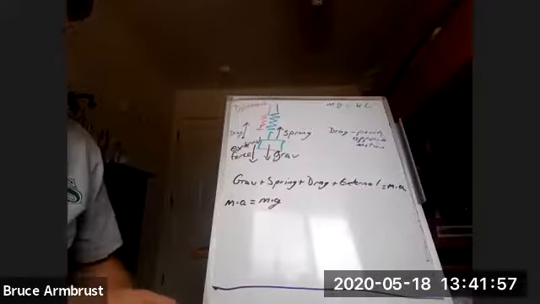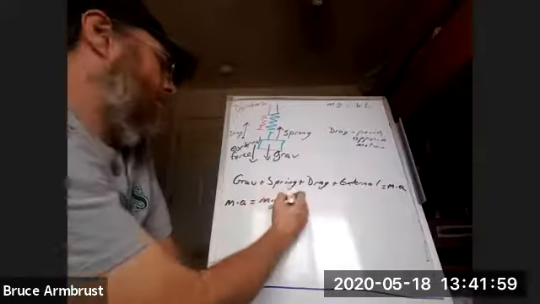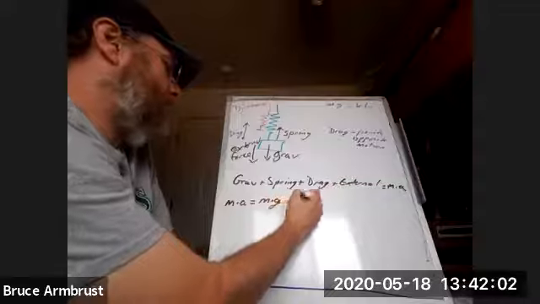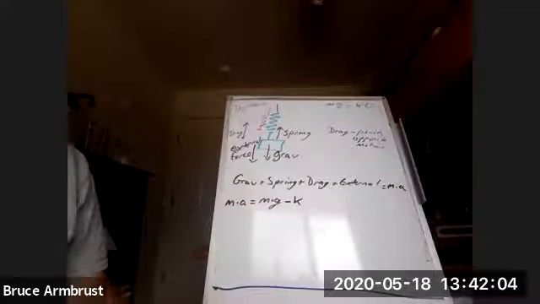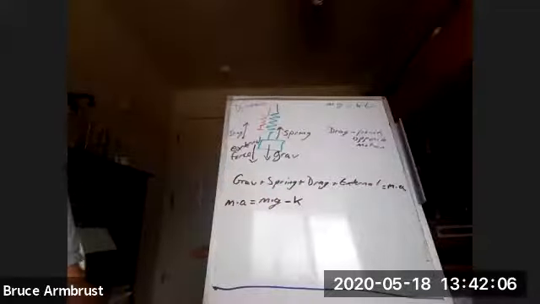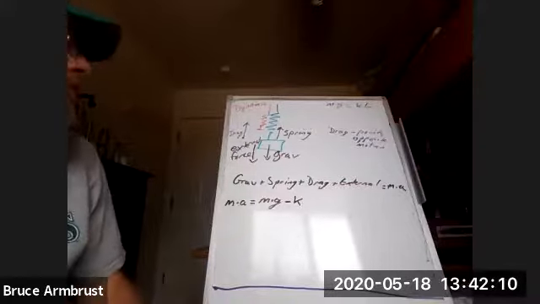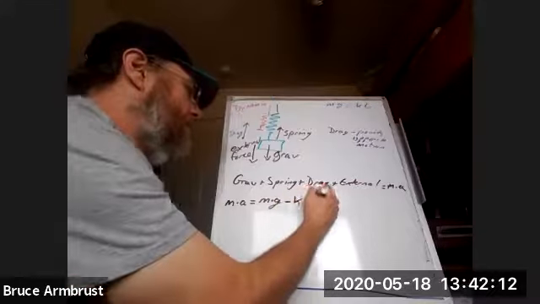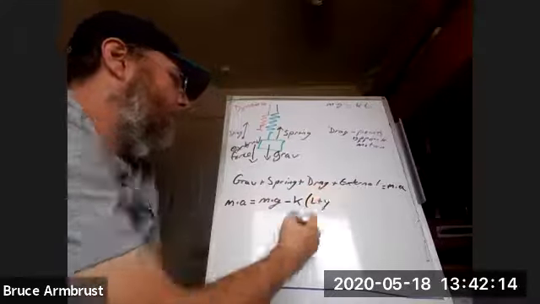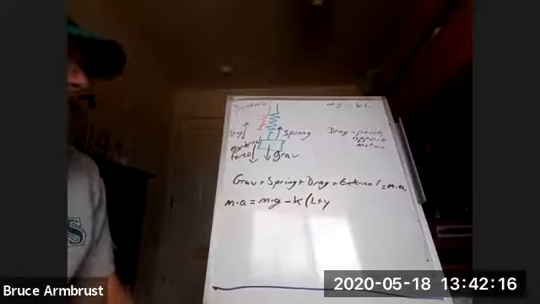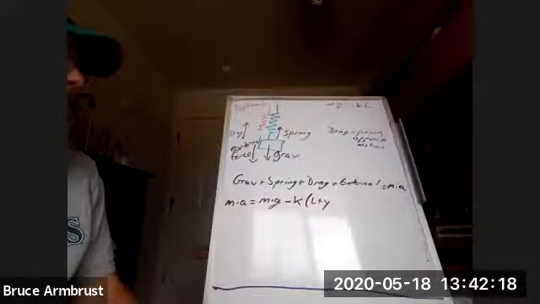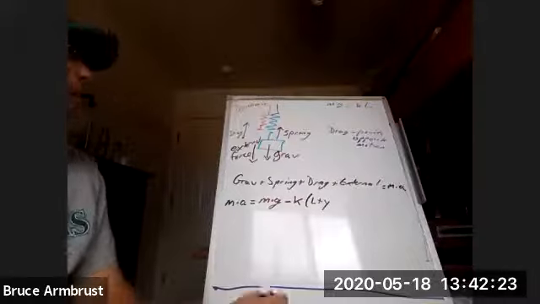The force due to the spring is going to be minus k times how far it's been deformed. Let me just do that as L plus y. So why is it L plus y?